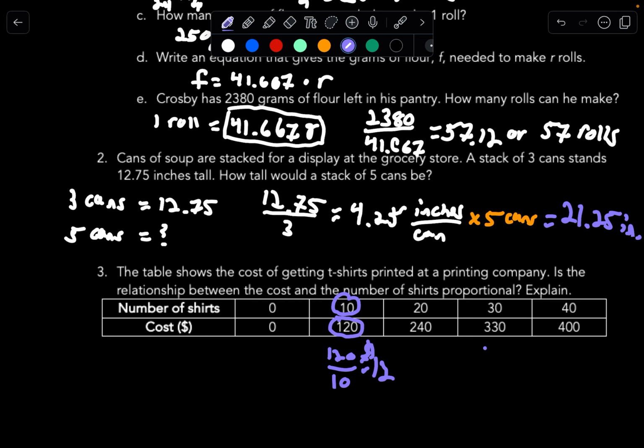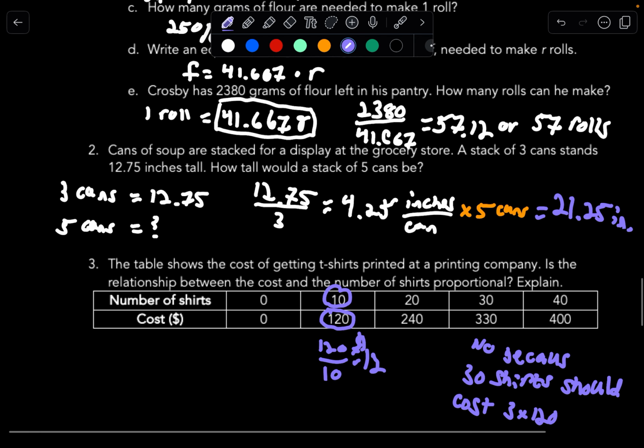Is the relationship between the cost and the number of shirts proportional? Well, no, because 30 shirts should cost 3 times 120, which is 360.